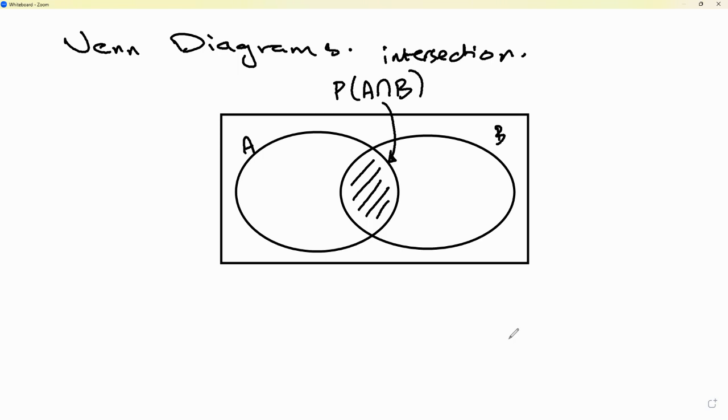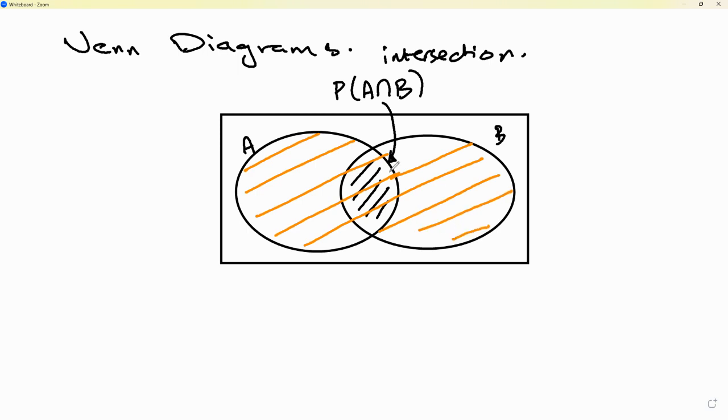Okay? And then the probability of A or B encompasses everything all the way across both of them, which is the orange part. And then the region on the outside would be obviously not everything. I'm using probability. You could also use n.